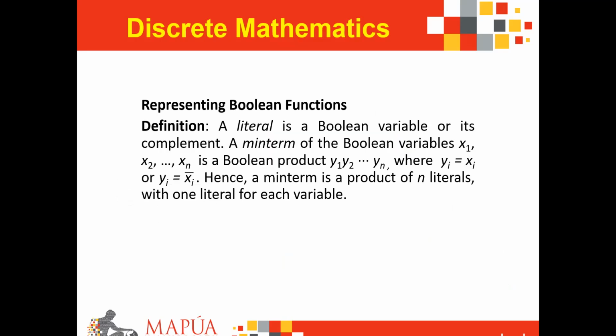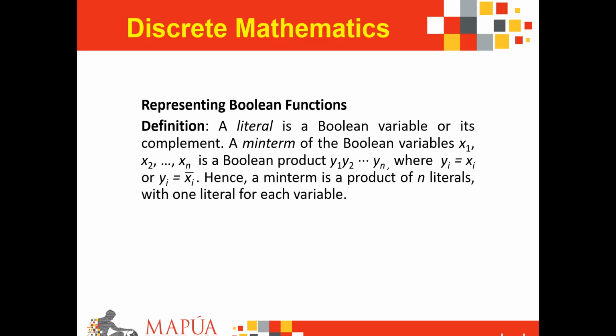When representing Boolean functions or propositional expressions, a literal is a Boolean variable or its complement. A min term of a Boolean variable is basically the Boolean product of these different literals, where your respective yi comprises either the value of the literal or its complement.